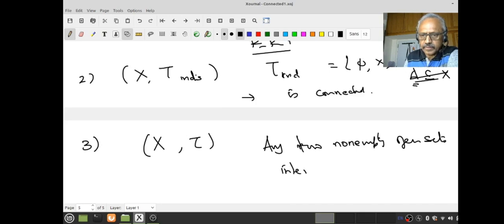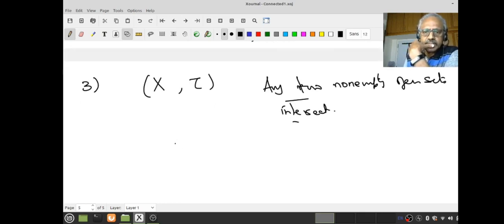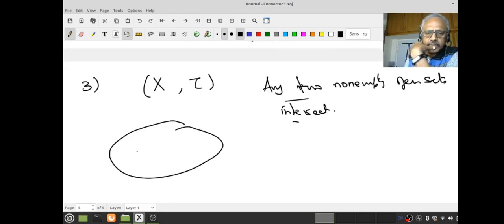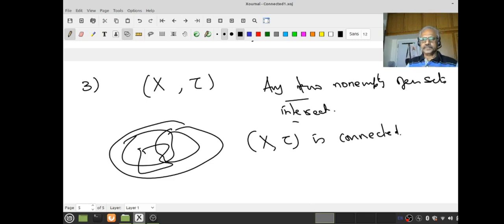So whatever open sets you take, they will always intersect. Then what can you say about (X, tau)? (X, tau) is connected. Can you see why?